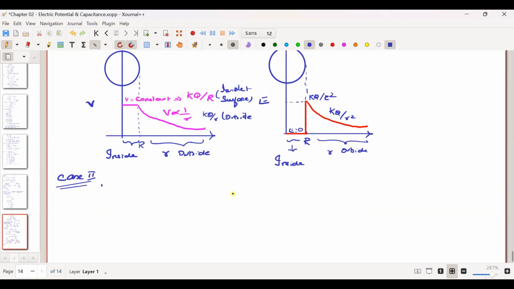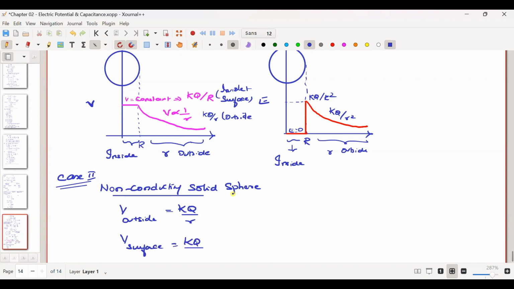For case 2, which is a non-conducting solid sphere, the V outside is going to be KQ by R, which is same as our shell. V surface is going to be KQ by capital R.